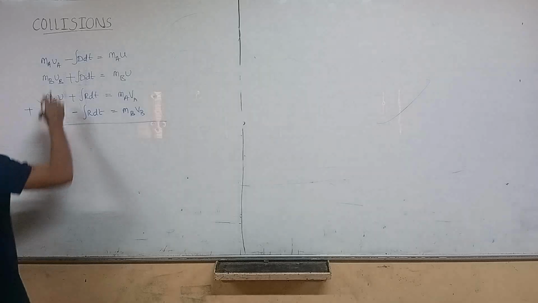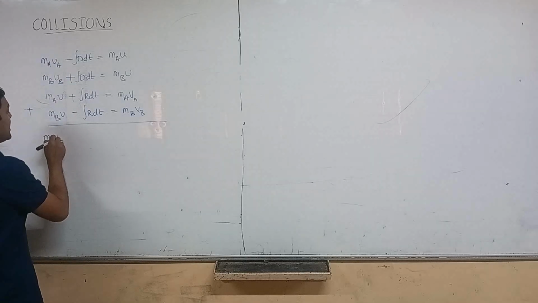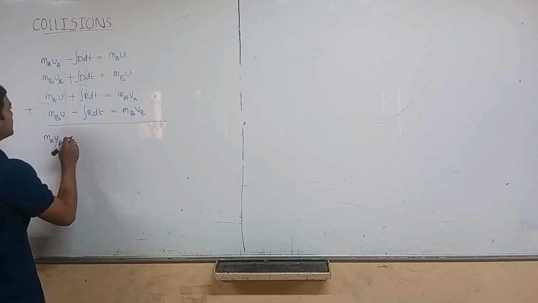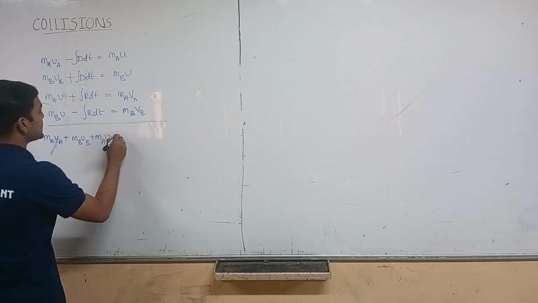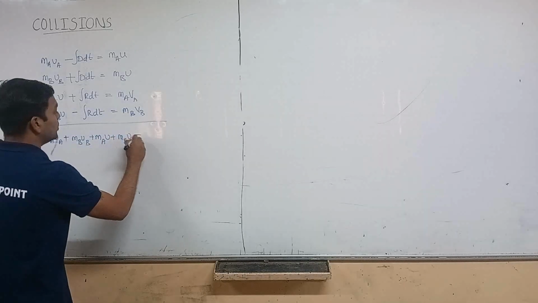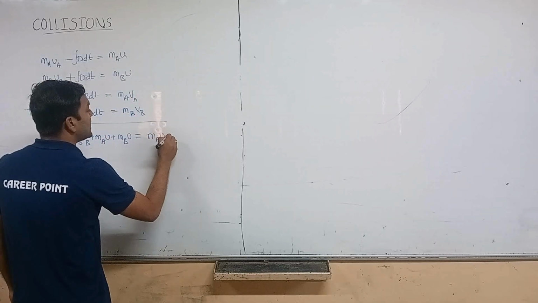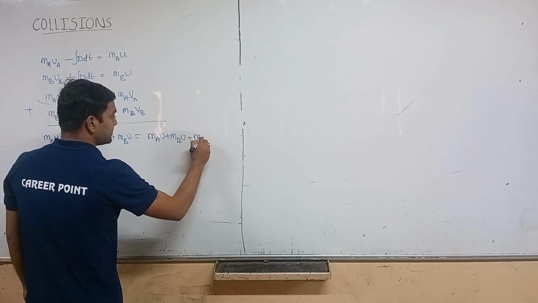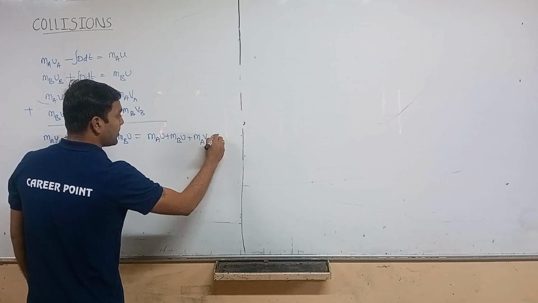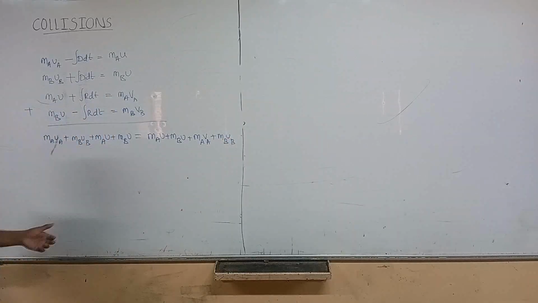Now we need to add all these. Here we are going to get MAUA plus MBUB plus MAU plus MBU on the left, and MAU plus MBU plus MAVA plus MBVB on the right.